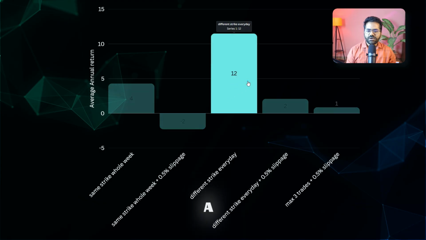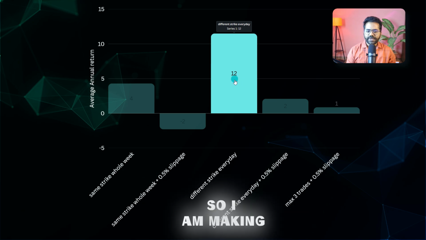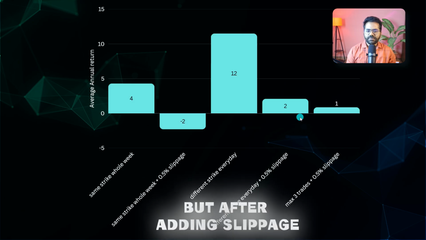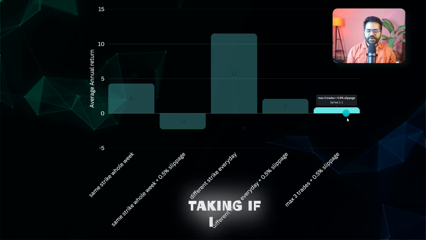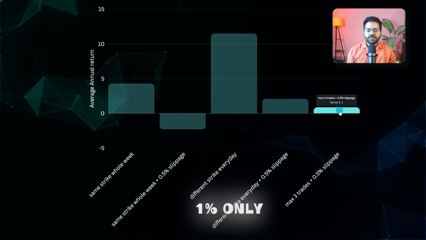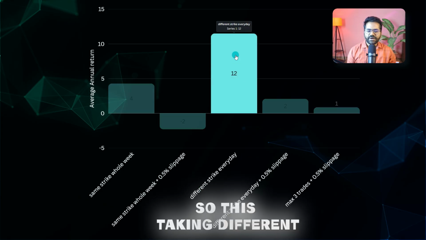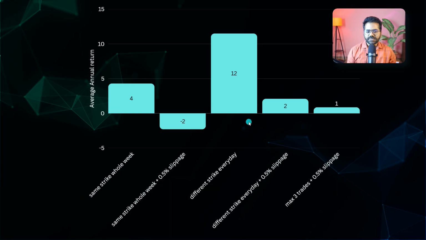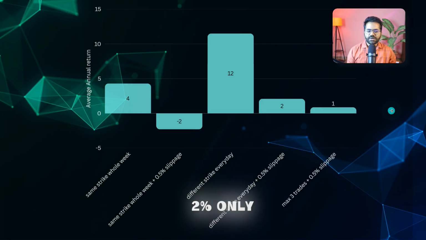But if I take a new strike every day, with entry and exit conditions the same, I am making 12%. But after adding slippage, it becomes 2%. If I limit my trades to 3, it is still only 1% average annual return. So among all of this, taking different strikes every day makes sense, but still I will not trade because after slippage it is only 2%.